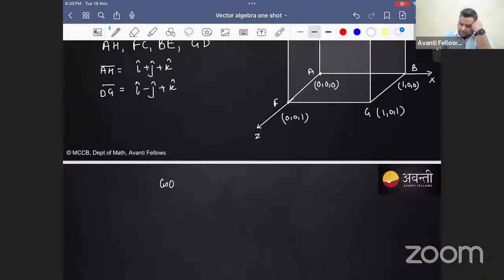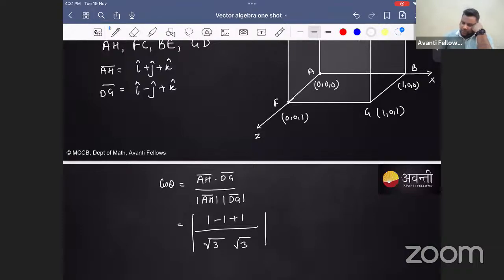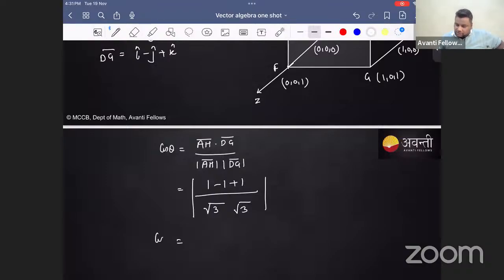So cos theta between them is AH dot DG upon magnitude of AH magnitude of DG. Am I clear? So AH dot DG is 1 minus 1 plus 1 upon root 3 upon root 3. If they are talking about the acute angle, let's take mod also. So cos theta is 1 by 3, which implies theta is cos inverse 1 upon 3. Got it?